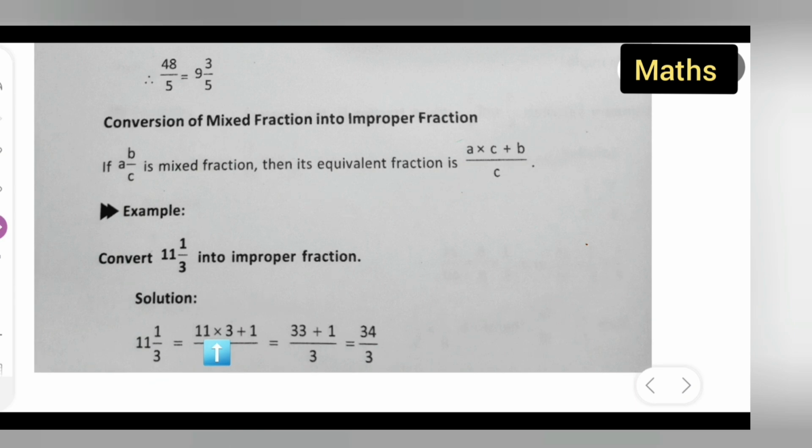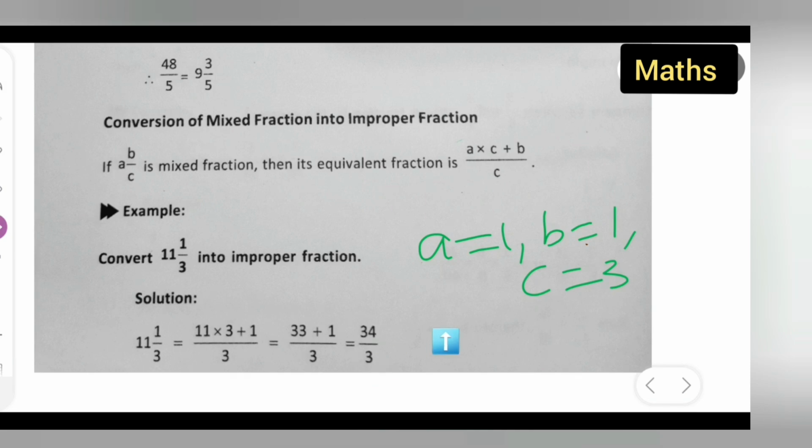Your A is 11, right? A is 11, B is 1 and C is 3. Okay, so 11 multiplied by C, which is 3, plus 1, which is B, that is the remainder, upon 3, is equal to 11 3s are 33 plus 1 upon 3, and 33 plus 1 will give you 34 upon 3.